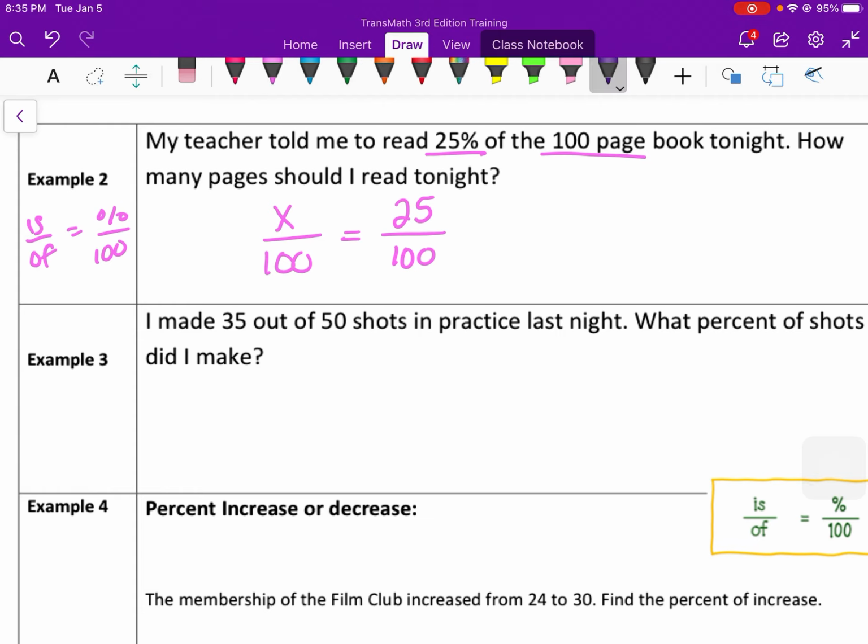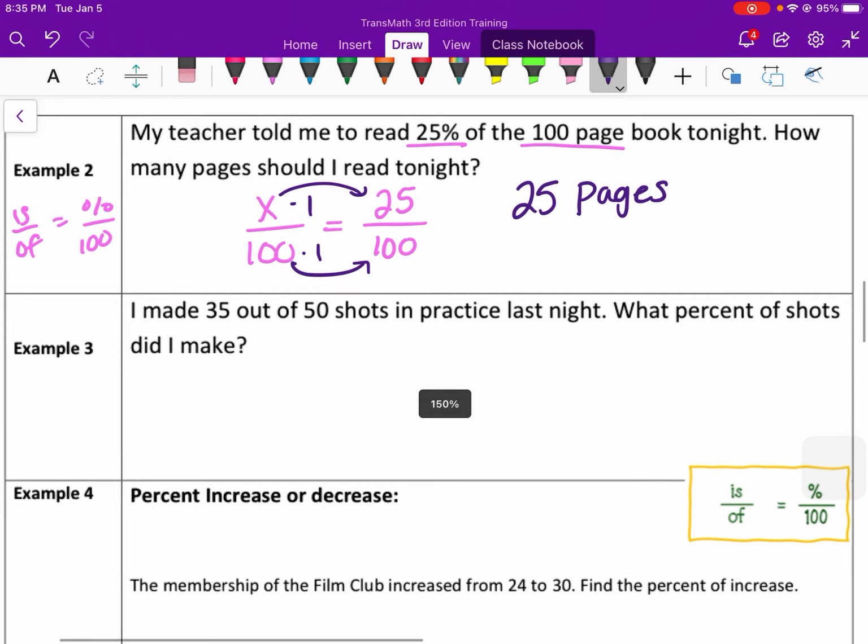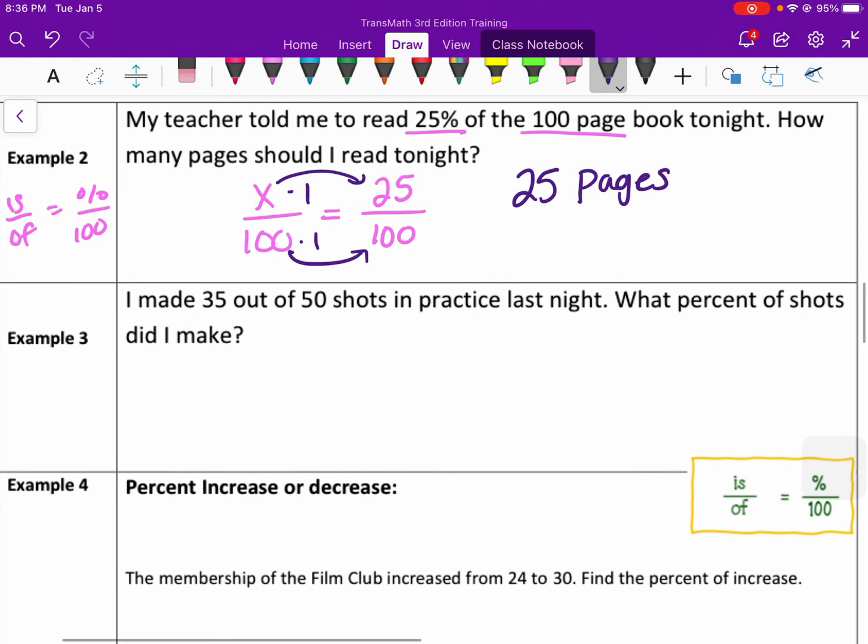Since they're both 100 on the bottom, 100 times 1 is 100. So x times 1 has to be 25, which means I want you to read 25 pages. So 25% of 100 is 25 pages.